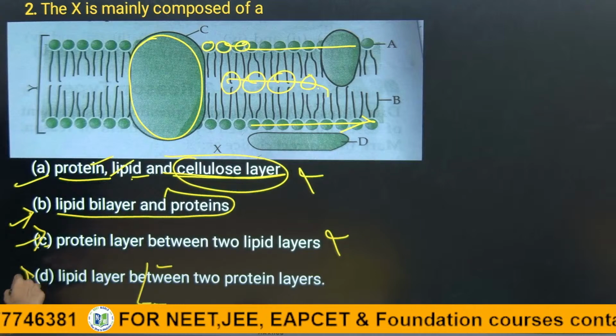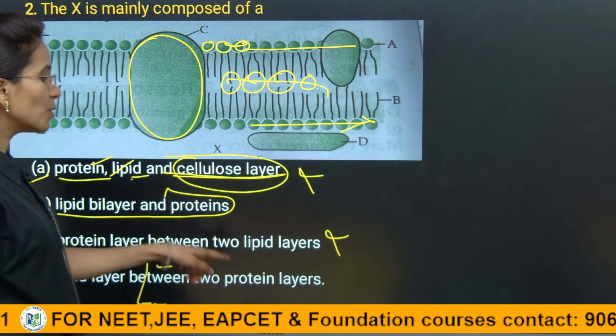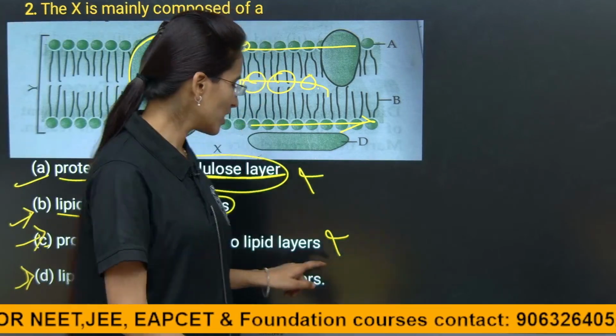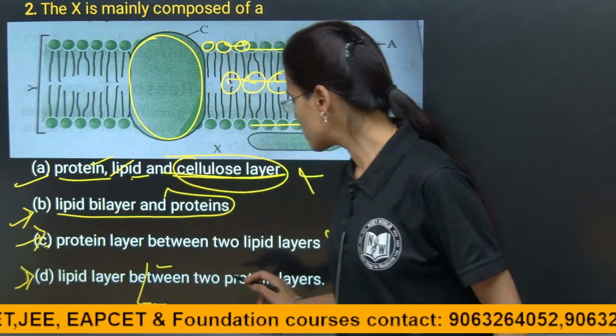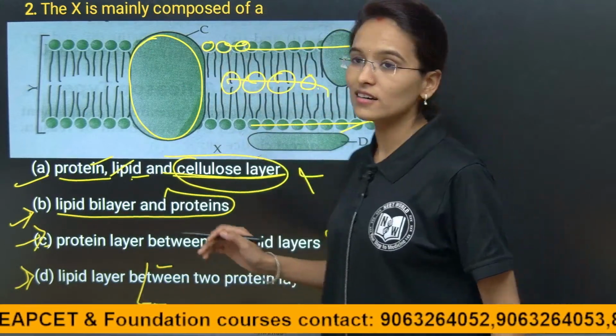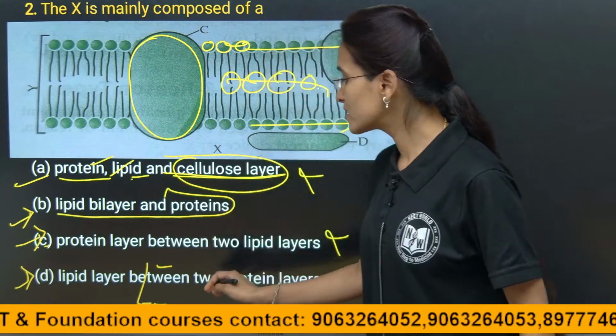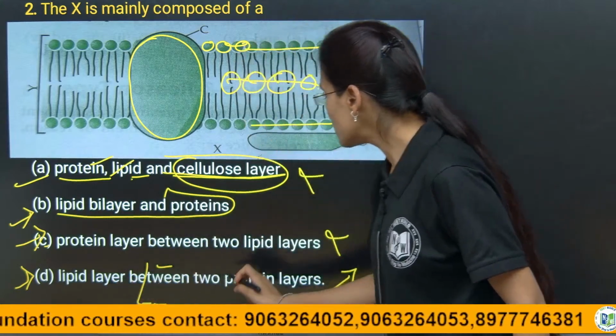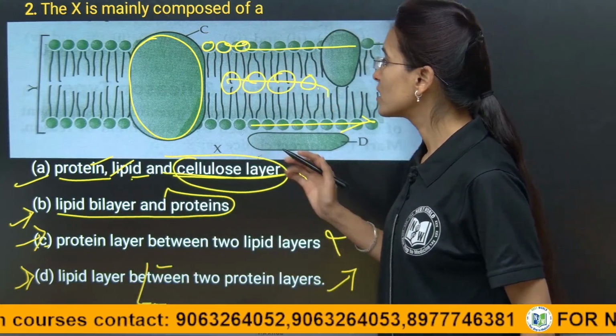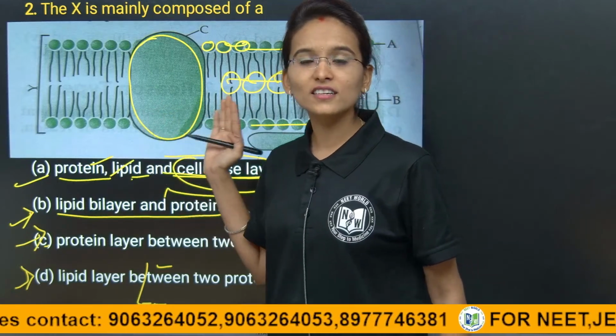Next, D is lipid layer between two protein layers. This is a very simple option, you need to analyze whether it is correct or wrong. Do we have two protein layers here, children?